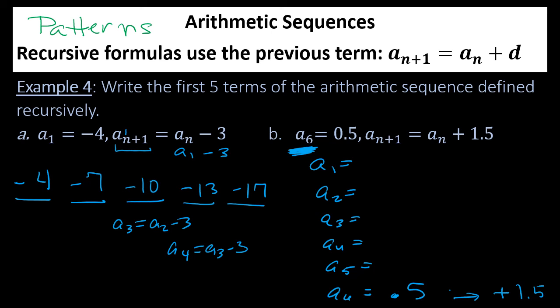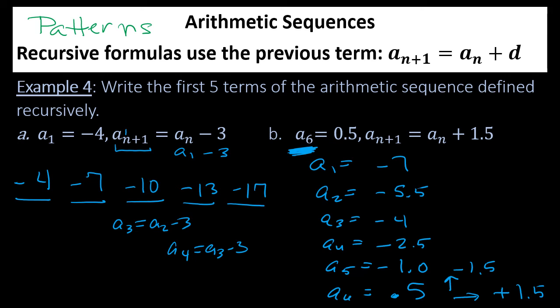So if I'm going backwards to the previous term, I'm going to actually be subtracting 1 and 1/2. So 0.5 minus 1.5 is going to give me negative 1. And if I keep subtracting 1.5, I'm going to get negative 2.5, negative 4, negative 5.5, and negative 7.